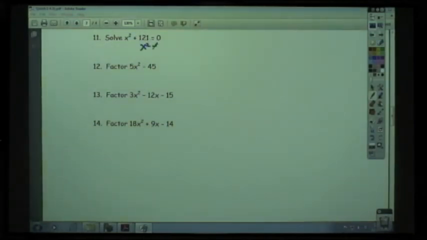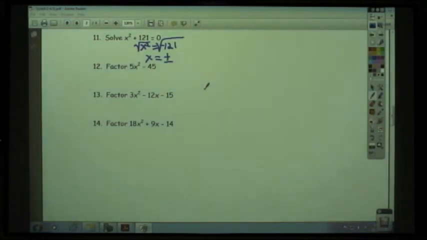You can subtract the 121 and get -121, and take the square root of both sides and get x equals plus or minus, and then you might have had the oh no moment here where you said, I don't know what to do here. This is where I expected you to get to. So if you didn't get to at least here, or at least try to get the square root of -121 and maybe write something down with a plus or minus, then you lost maybe a point.